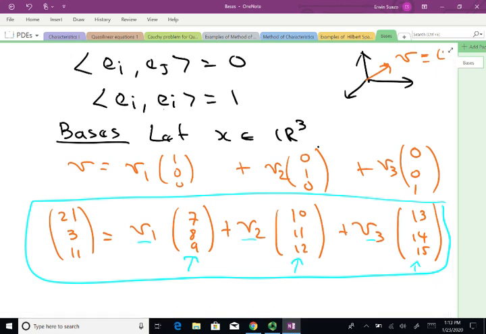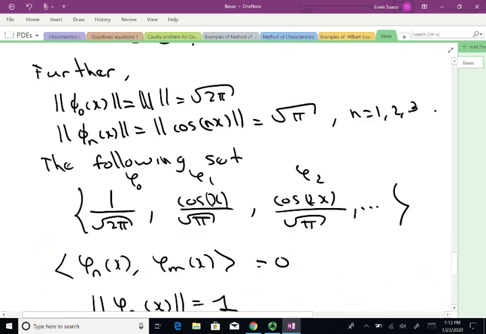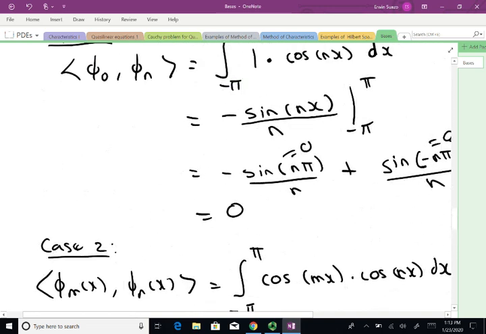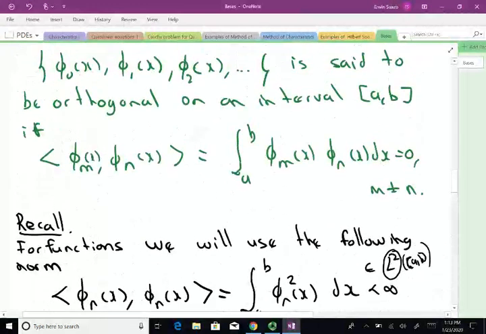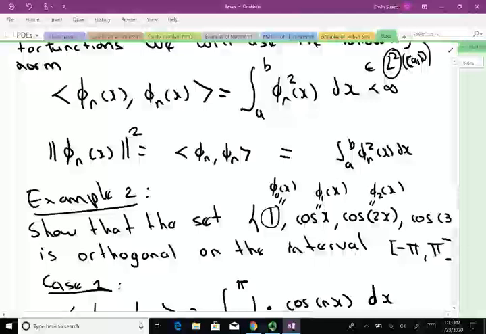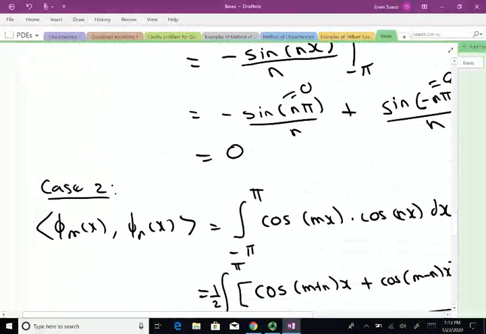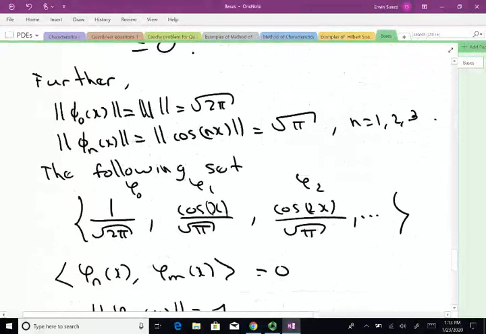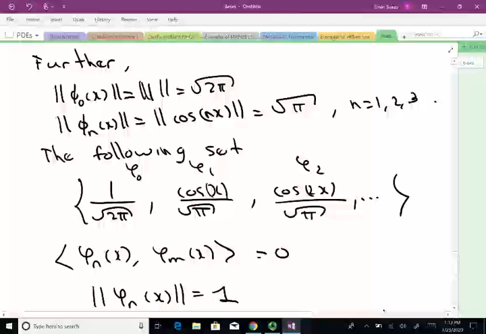So even further, let's say we are in this case. We have my set of cosines from my example. Let's call this one the cosine set.